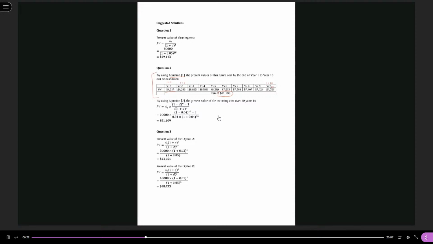And the second method is to use equation 2. With one equation, you put 10,000, the real discount rate, and 10 years. So this is the total present value of paying $10,000 every year over 10 years. Just 2 methods for finding the recurring costs.